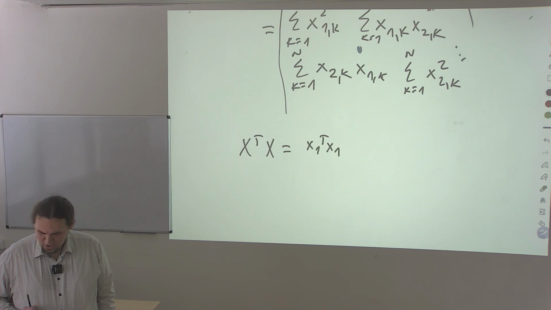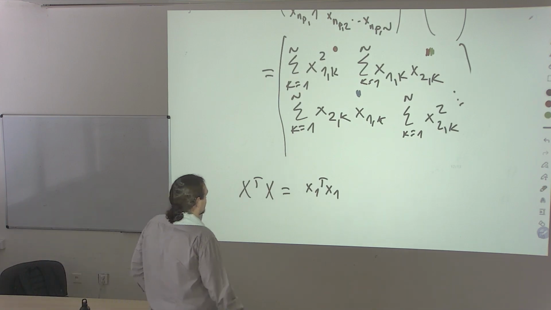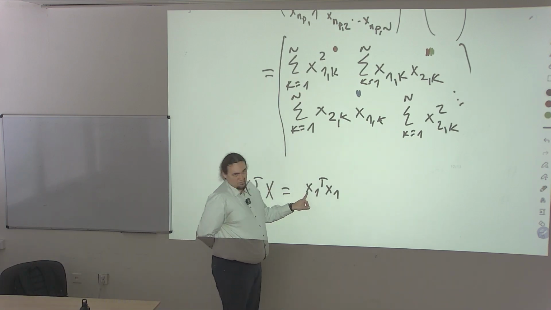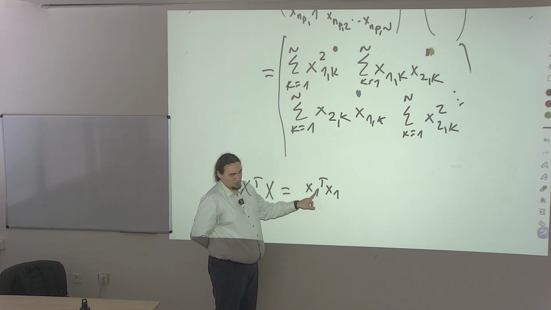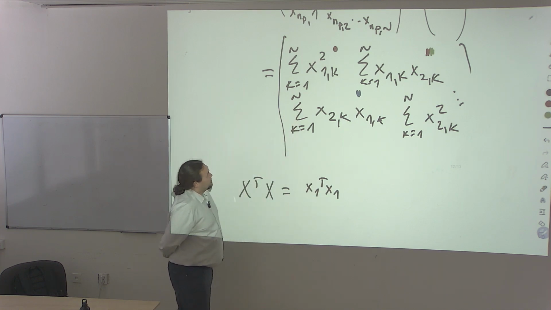x1 transpose, where x1 is just the vector which represents the first variable measured in n experiments.